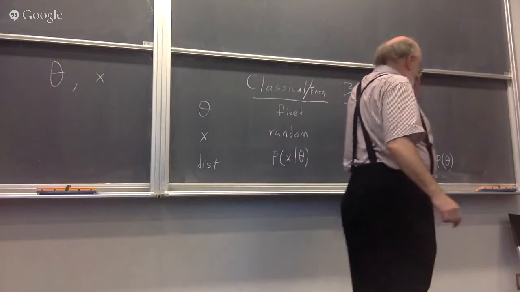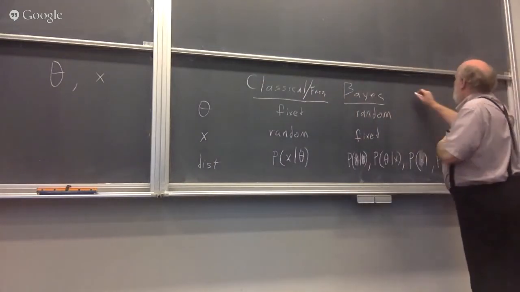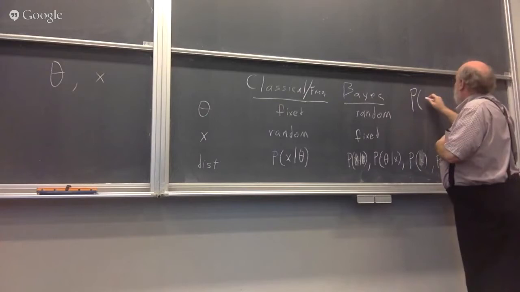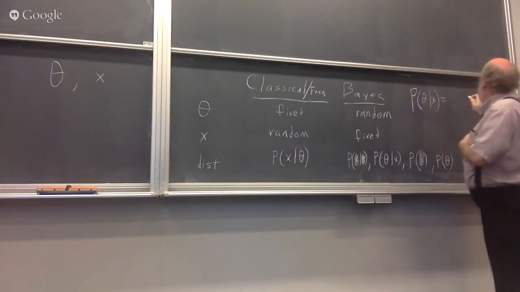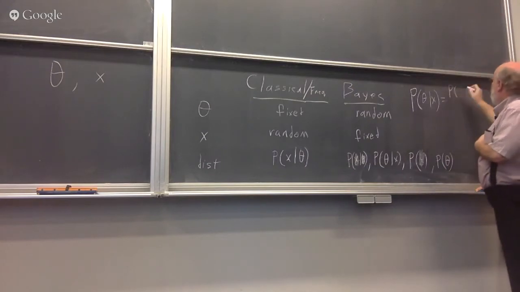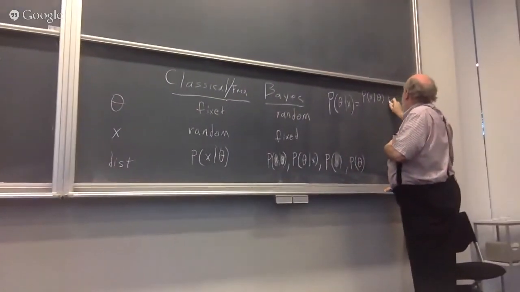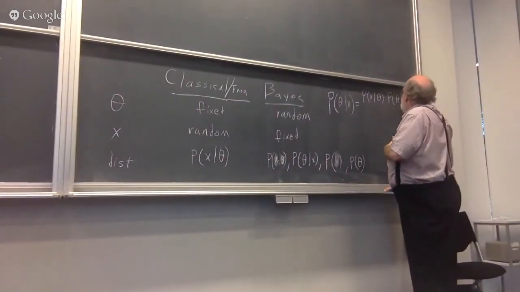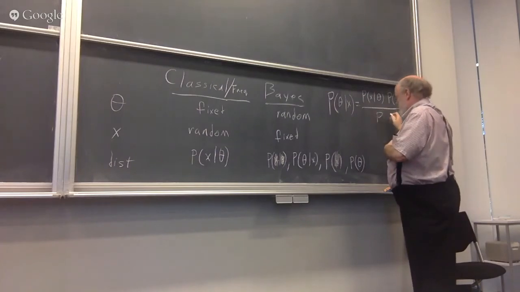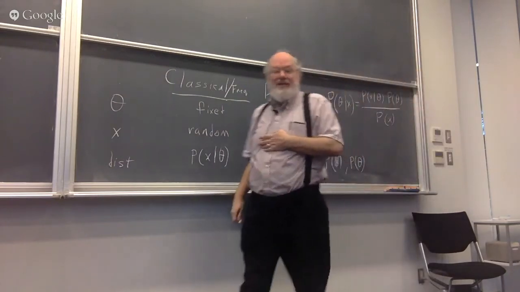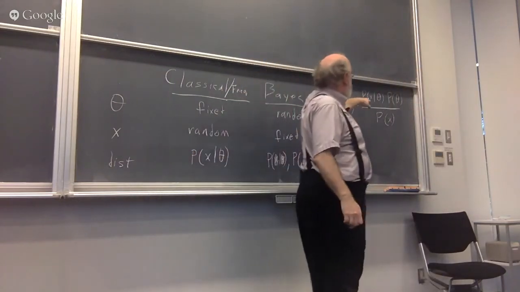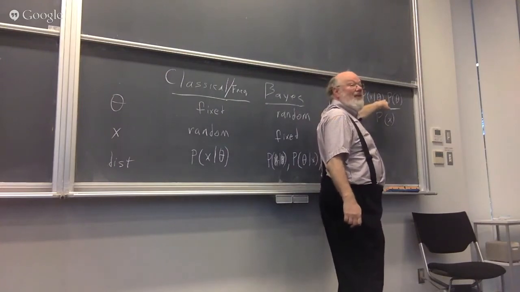Now, Bayes' theorem, of course, you can probably all write it down. It just uses these distributions: the probability of the model given the data is the probability of the data given the model, so this is the likelihood.